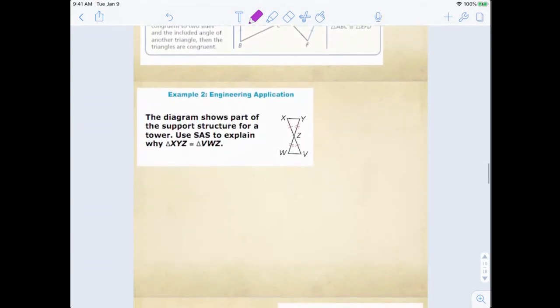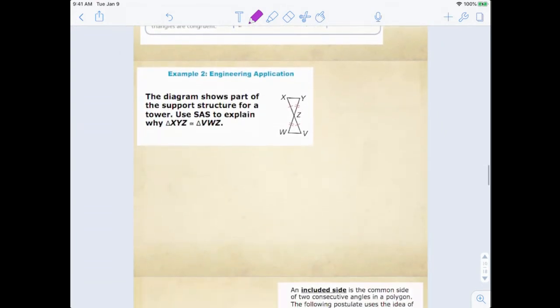So again, another example. How can we show or explain that these two triangles are congruent by side, angle, side if I'm only given that one side and another side are congruent? How am I to prove that side, angle, side is how these two are congruent?